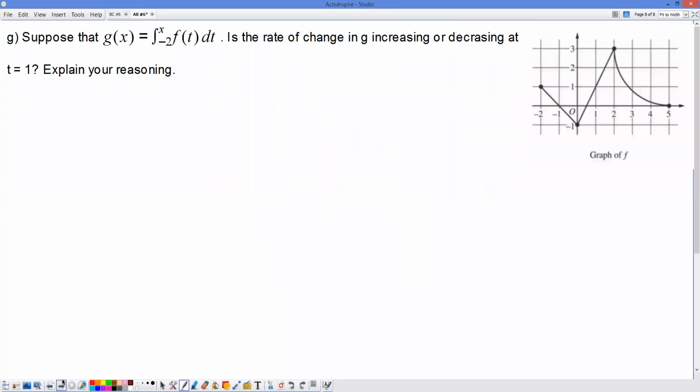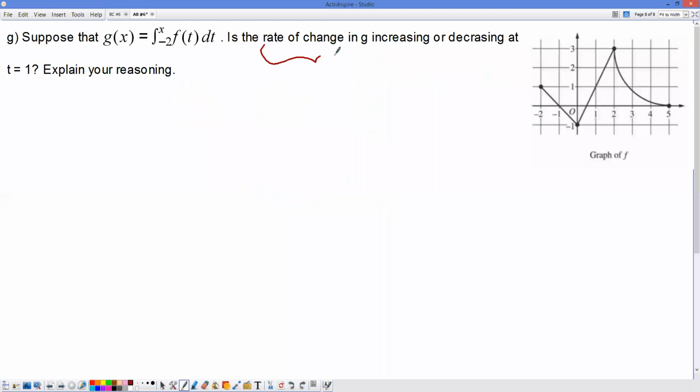All right, and part G is the last part of this 25-minute problem that they've assigned us here. We've now got still that g of x is the integral from -2 to x of f, and we want to know, is the rate of change in g increasing or decreasing at t equals 1?